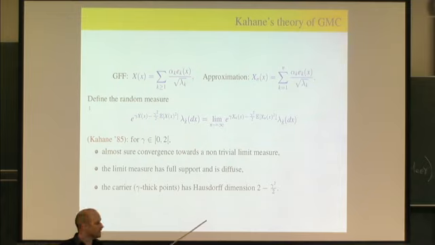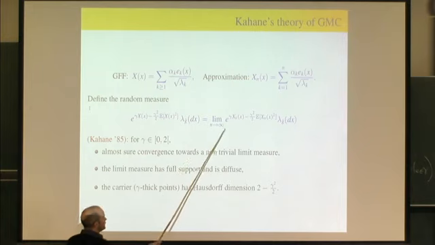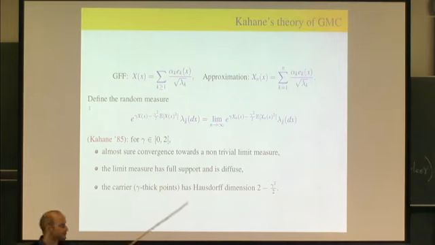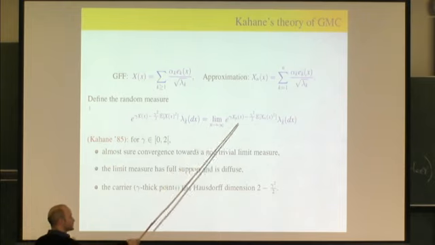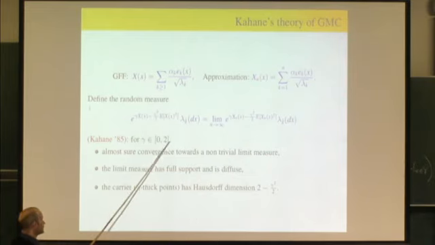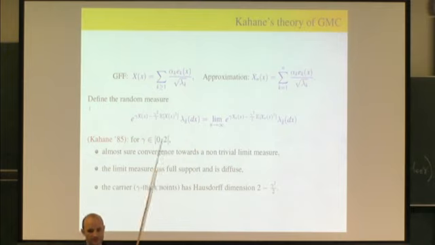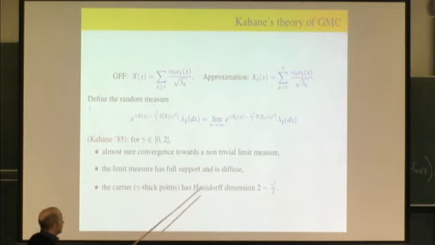Kahane studied these measures, and he showed that if the parameter gamma, which is a parameter of my measure, is small enough, these limiting measures are non-trivial. Actually, if gamma is higher, the limit that you get is 0. So you have some kind of phase transition.